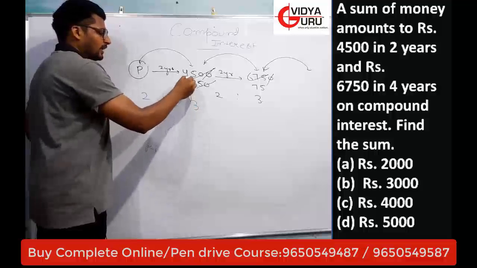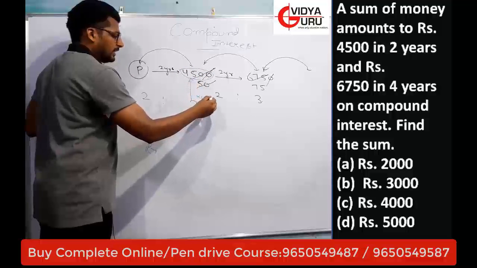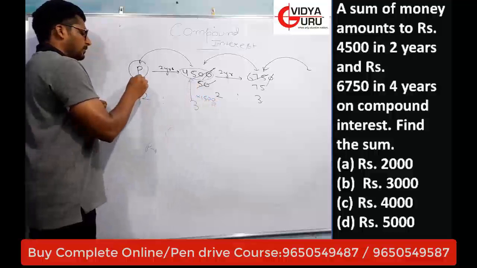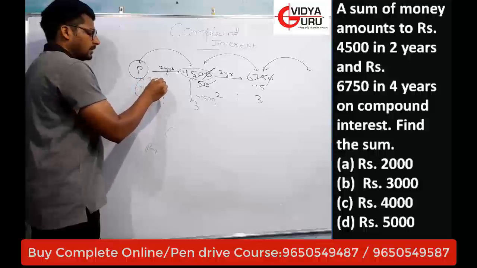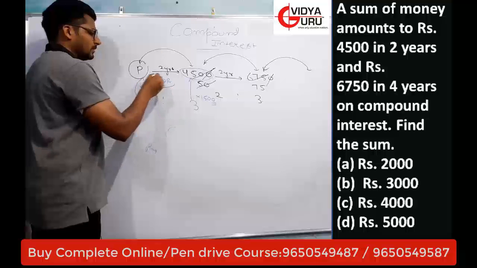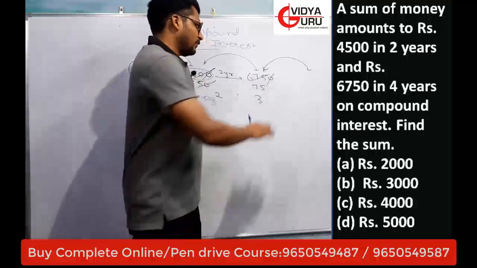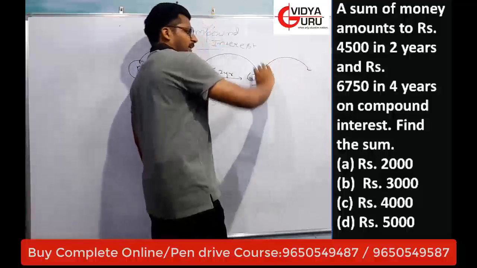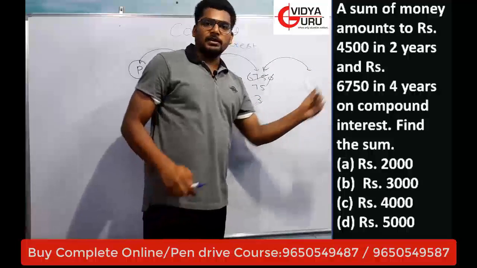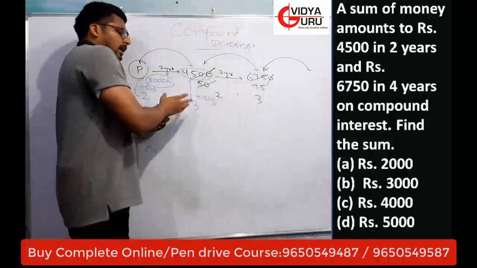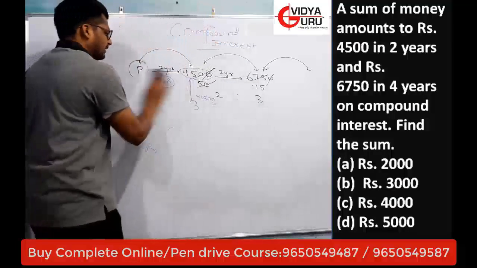What was the value of 3? 4500, which is 1500 times. And what will be the principal here? 1500 times 2, 3000 rupees. The question asked, what was the amount after 6 years? For the next 2 years also the ratio would be 2:3. Then we can find the amount after 6 years. I am taking another question of a different variety, but the same concept will be applied in that also.